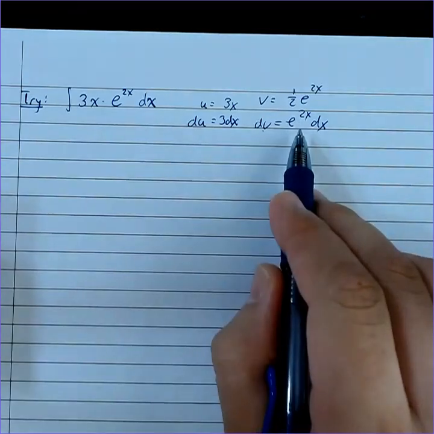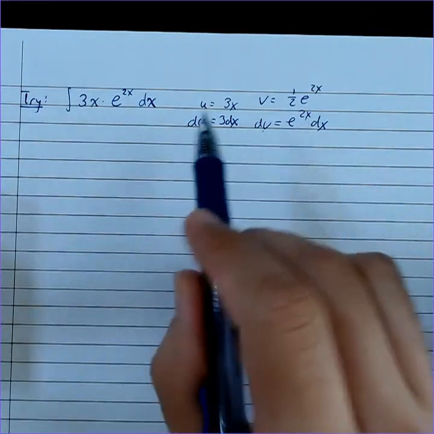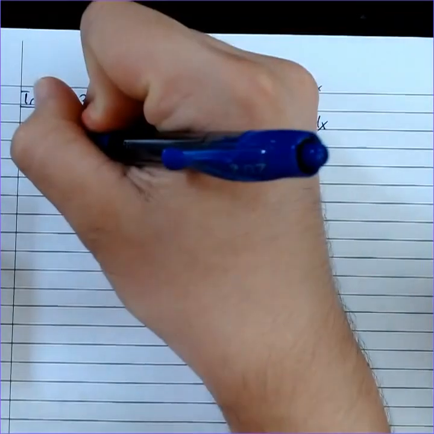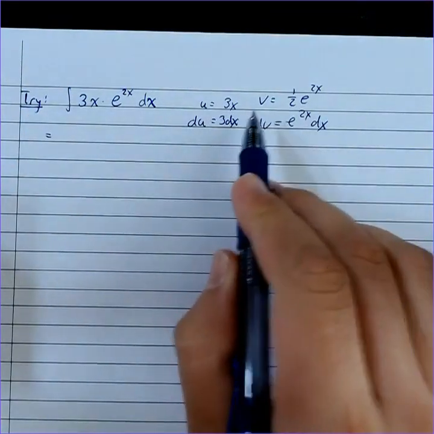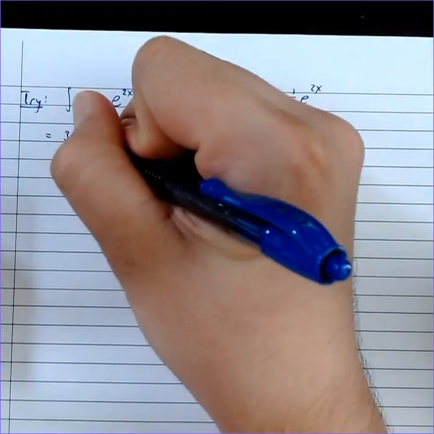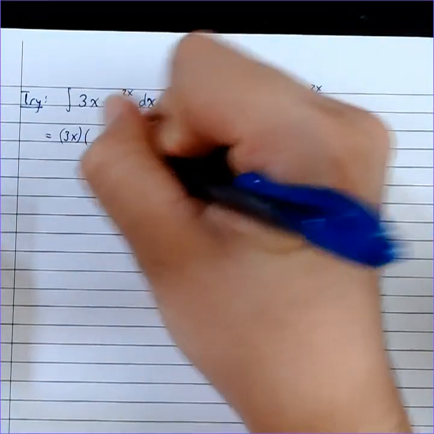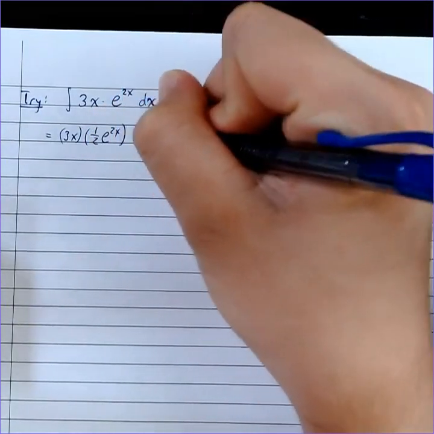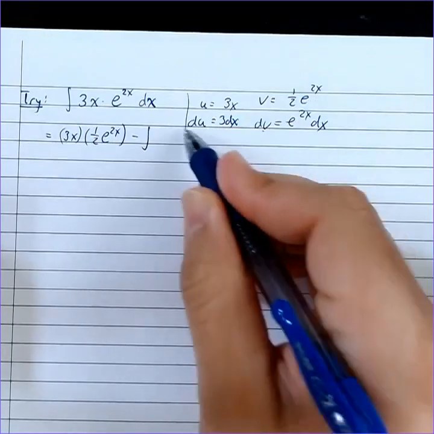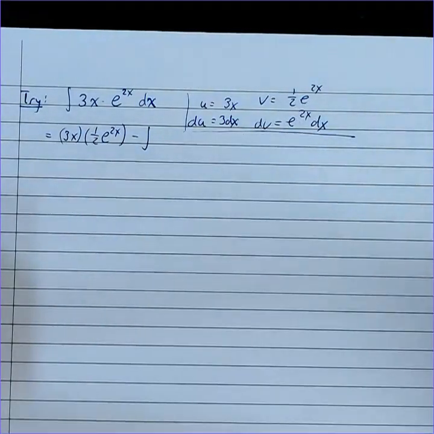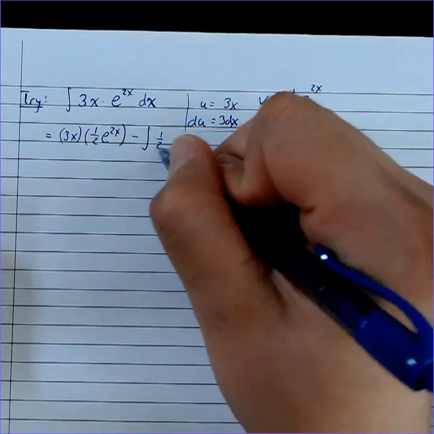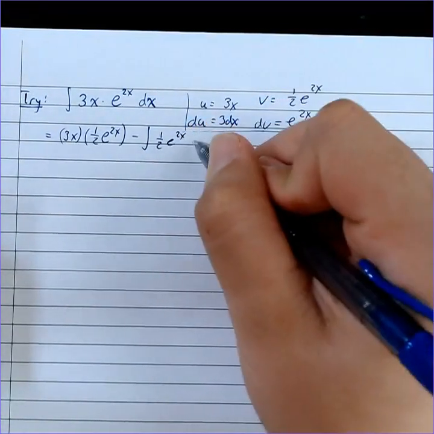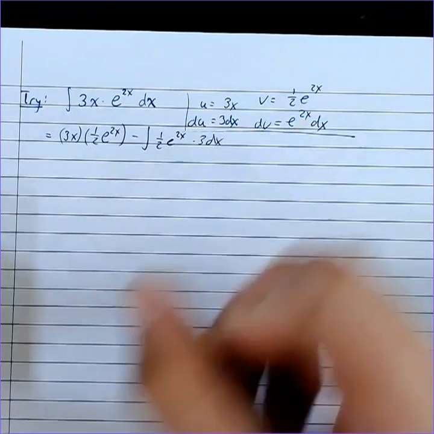So there's our antiderivative. And so now, this integral can be rewritten as u times v, 3 times x, times 1/2 e to the 2x, minus the integral of v times du. So that's going to be 1/2 e to the 2x times 3 dx.